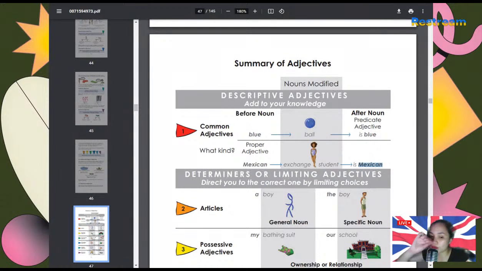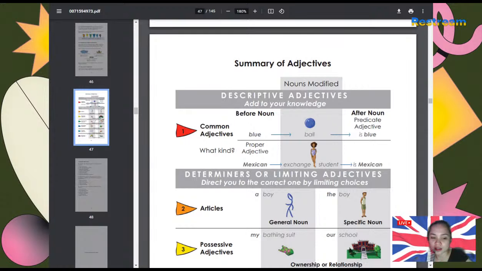So now it will be: the exchange student is Mexican. We are describing the exchange student as a Mexican girl, or a Mexican person. Understood? That is for the descriptive adjectives. I hope it is clear to everyone.